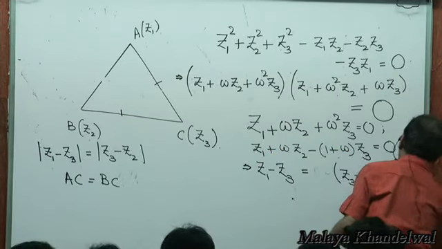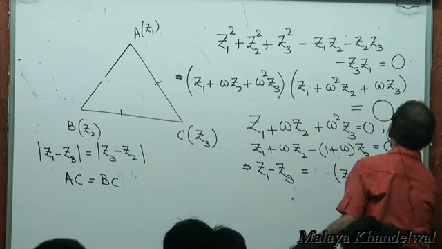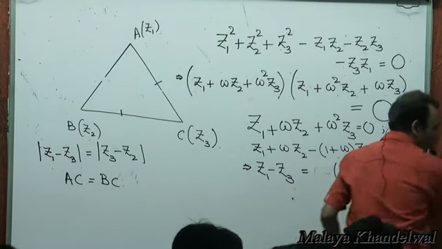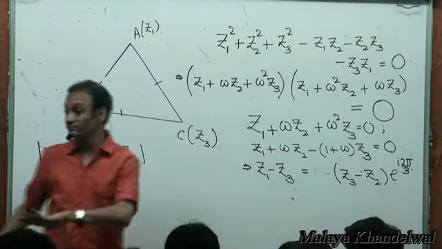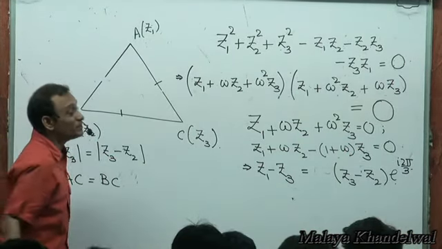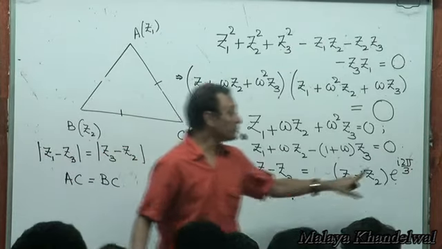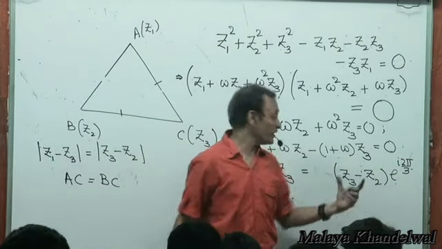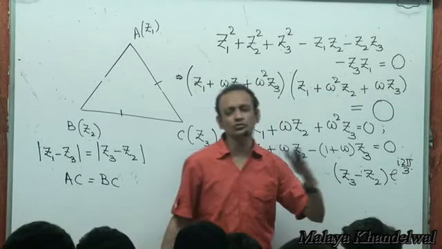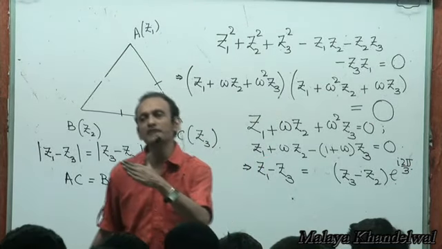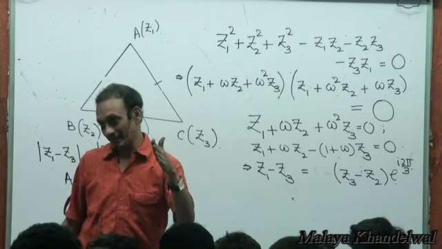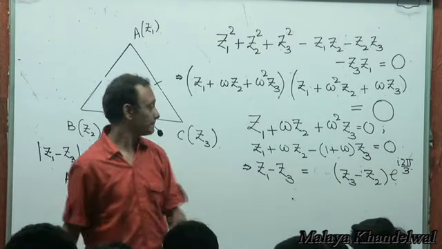Now, what is omega? Omega is e power i 2 pi by 3. What does e power i theta do? When you multiply a vector by e power i theta, it rotates that vector by theta, right?